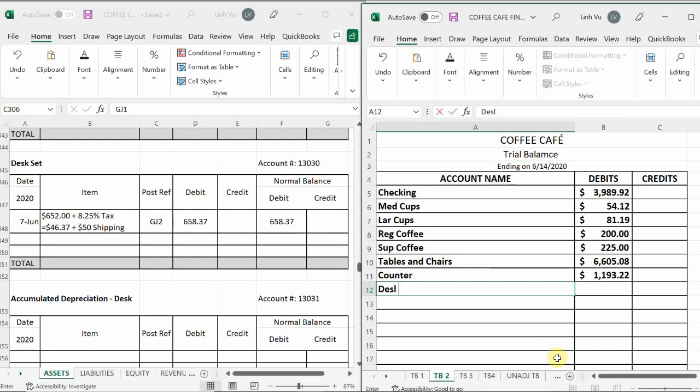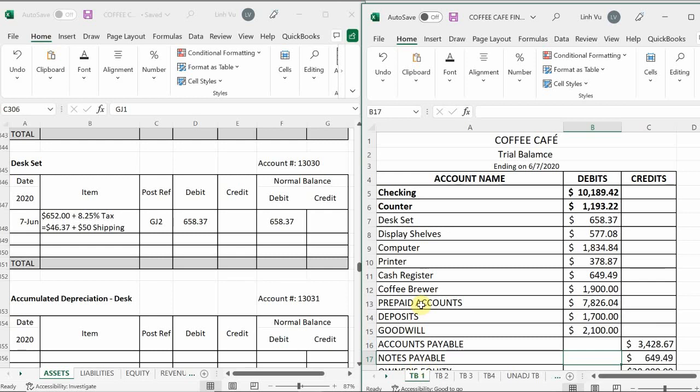Yes. Now, what do you notice here? How much is my desk set? It's recorded as $658.37. Now, I'm going to show you this real quick. From my first trial balance, didn't I record that to be the same exact number for the desk set, $658.37? This is my first trial balance.